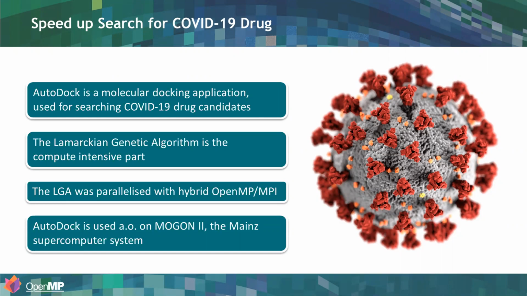So AutoDock, parallelized in this way, is used amongst others on MOGON 2, which is the Mainz supercomputer system. And for the rest is widely used by medical research around the world for researching COVID-19 drugs and drugs against other diseases.